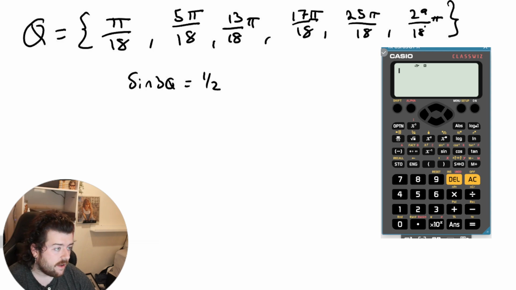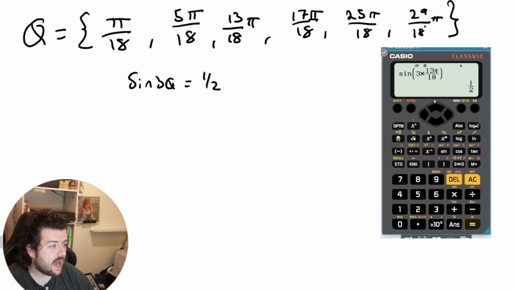So hopefully now, when I put these in my calculator, so sine 3 times pi over 18, or 1/18 pi, I should say. That's equal to a half. Gorgeous. Next is 5 pi over 18. A half. Gorgeous. 13 pi over 18.